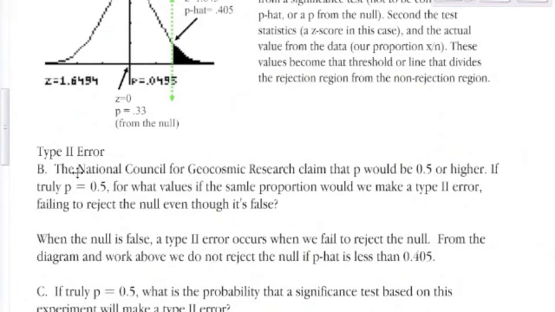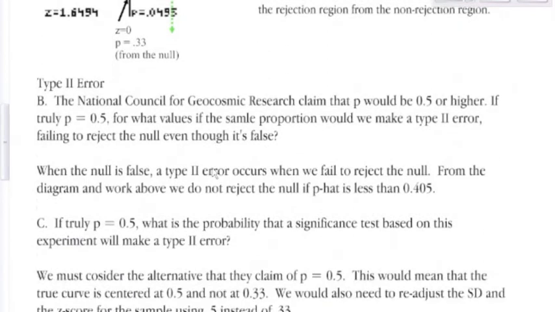But if this is the true value, then I'm failing to reject a false null. We believe it to be 0.3 or 0.33, but when they say it's 0.5, the question is, if it is 0.5, what's the probability that I'm going to detect that this really is the true mean?